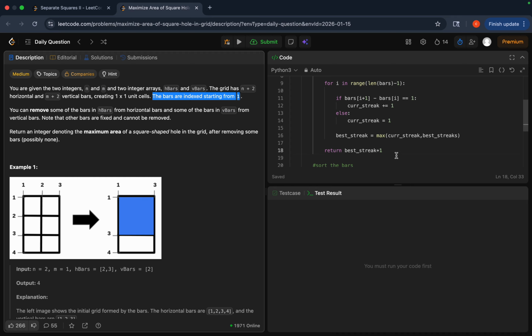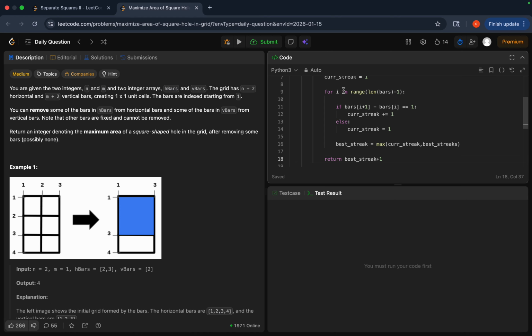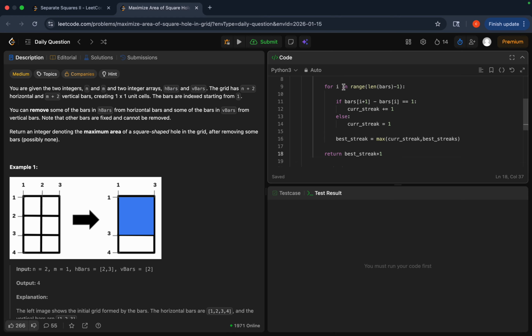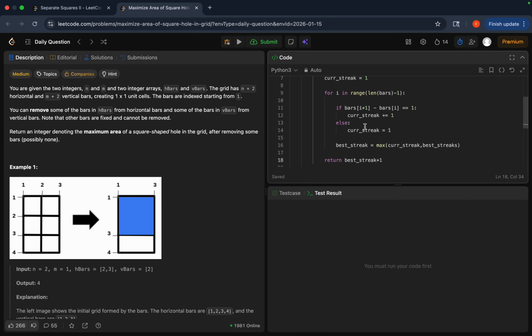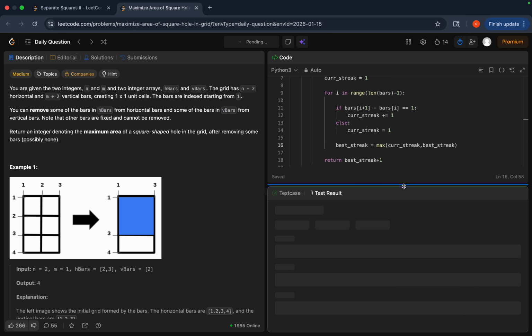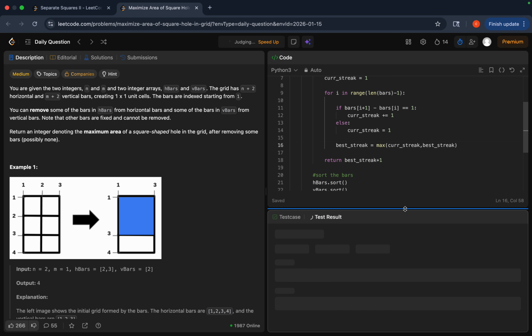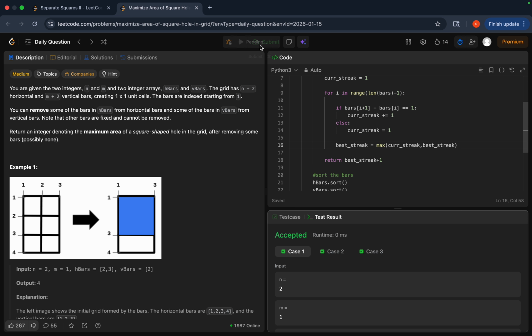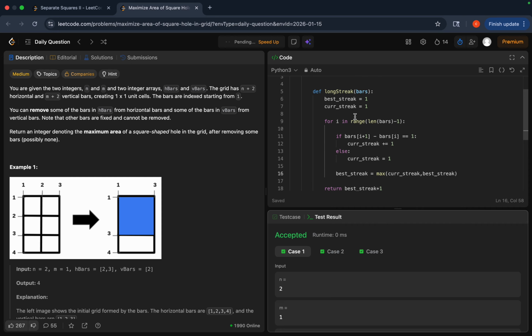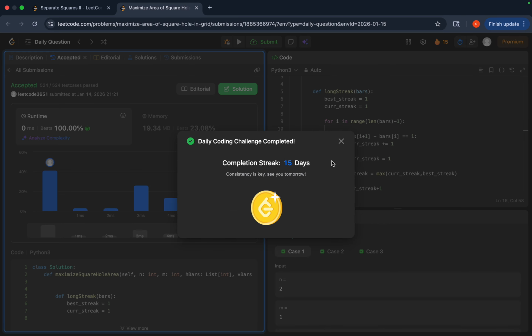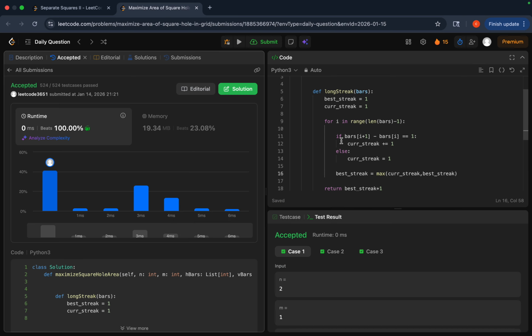Because we are processing by 0 index only here, so we have to add 1 and then return it, right? So yeah, oops, I found a typo here. So let me go ahead and submit this. And this is an efficient solution. Thank you.